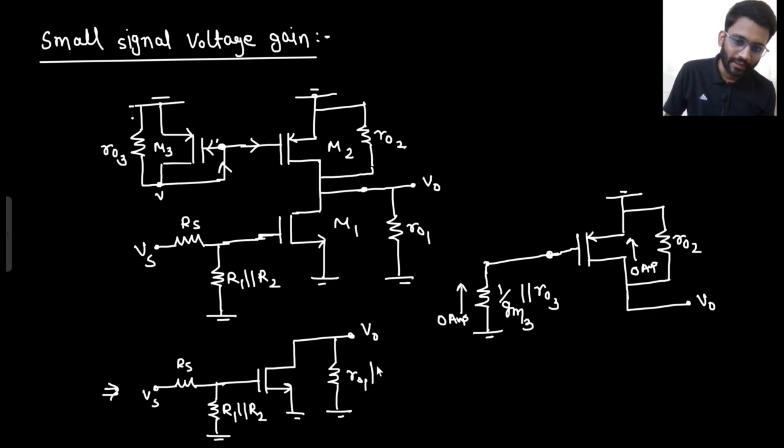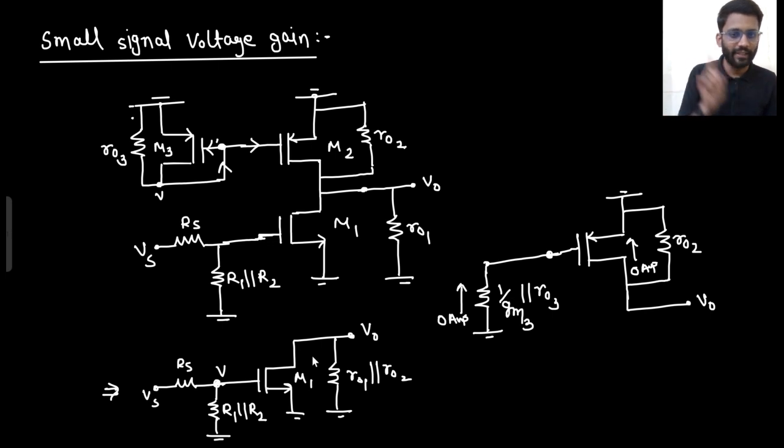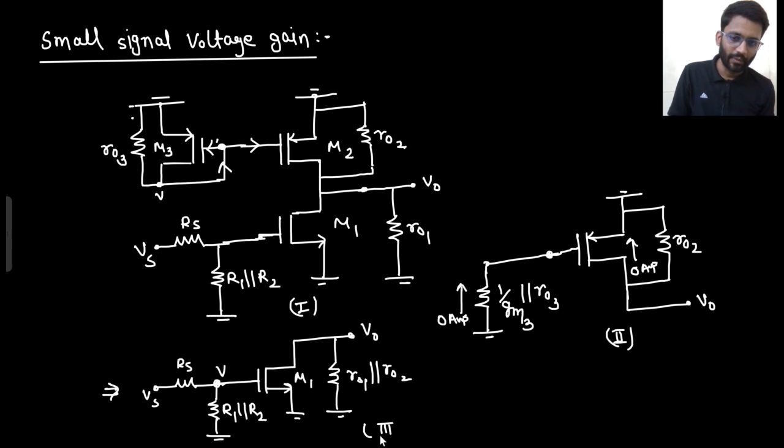From V0 to ground, I see R02. Now, whatever the potential that you get here into GM1 will be the current flowing. So then you can write down the gain. We have seen it in common source amplifier, so no worries about that. This was our first, this was our second, this was the final circuitry. So I hope you are understanding it.